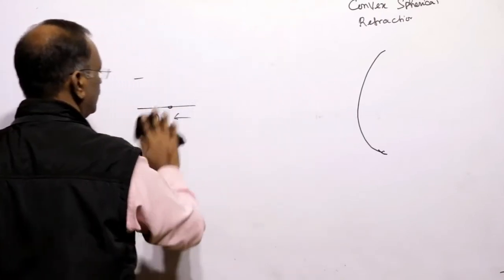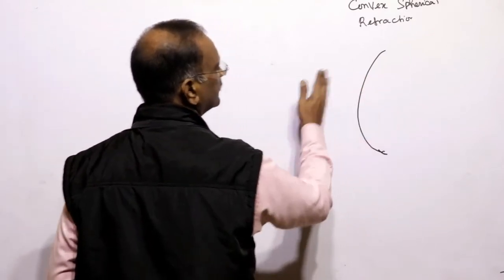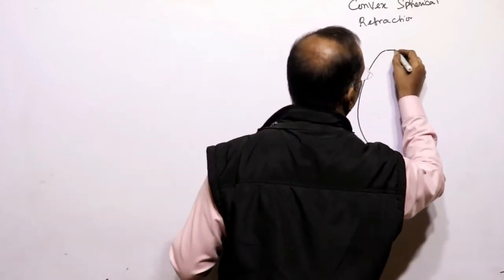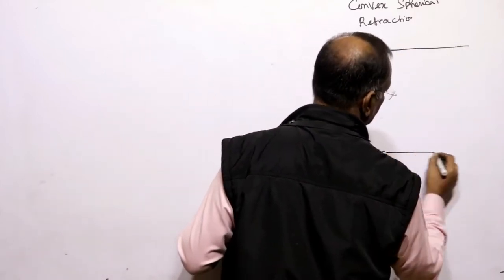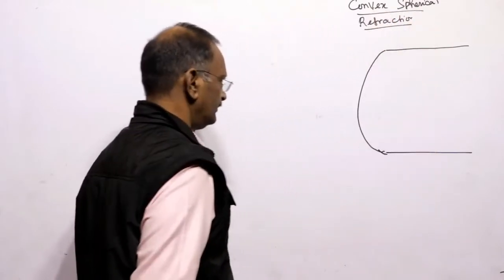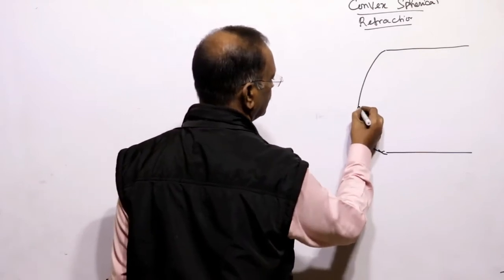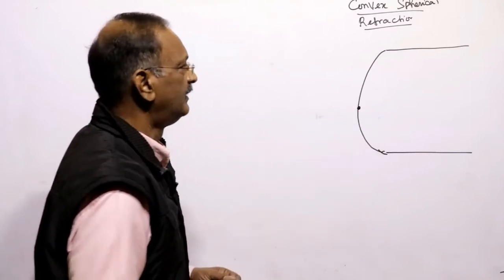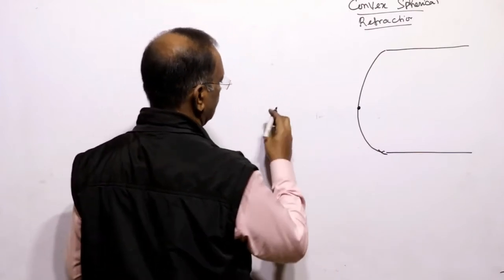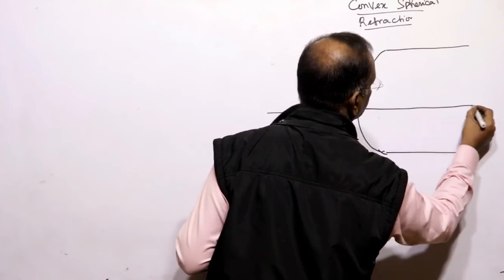Second thing, how to draw the normal, we understood. Now this bulging portion is exposed to the incoming rays, so this is convex spherical refraction. As usual, this is the pole, the center point of this refracting surface, and this is the principal axis.